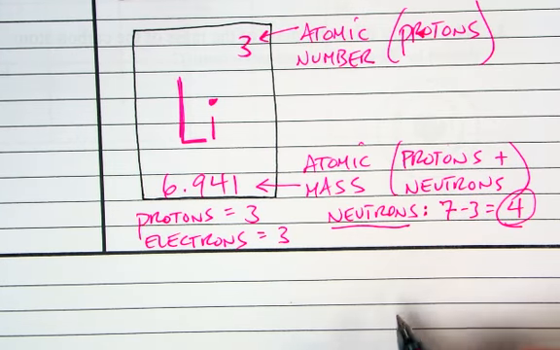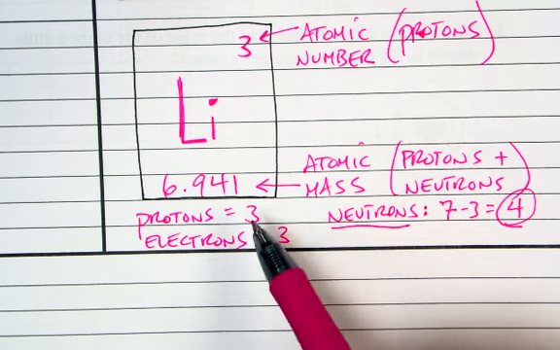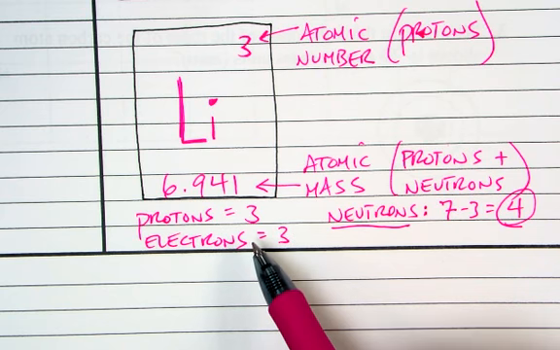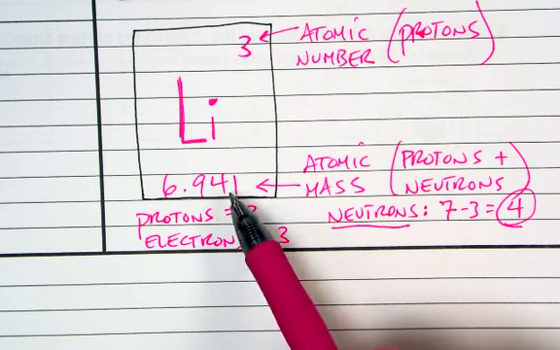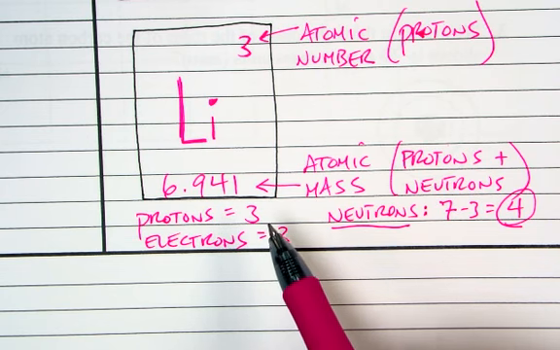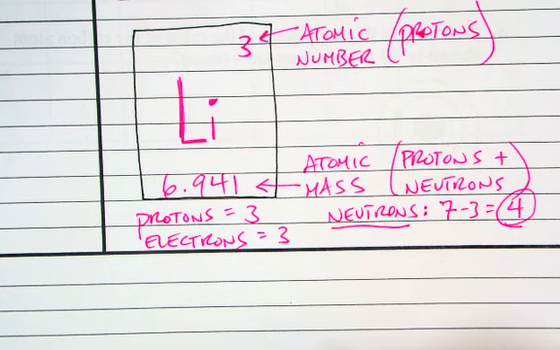When we return in class, we're going to go over how we figure out why it is 6.941. We're going to talk later about isotopes and that sort of thing. Okay? So from this, we should know some different parts of the atom.